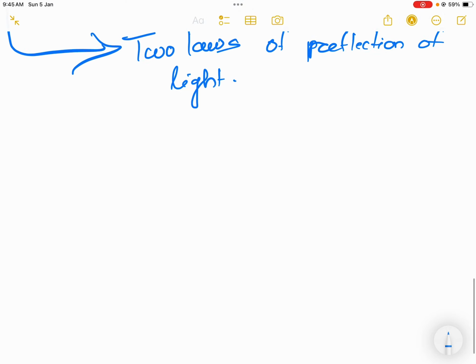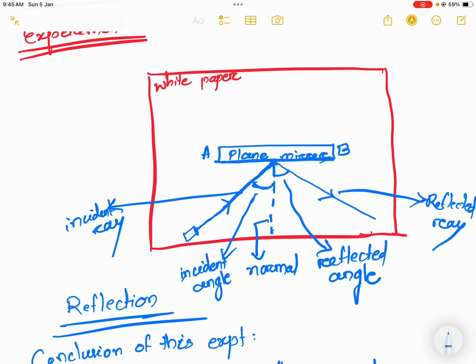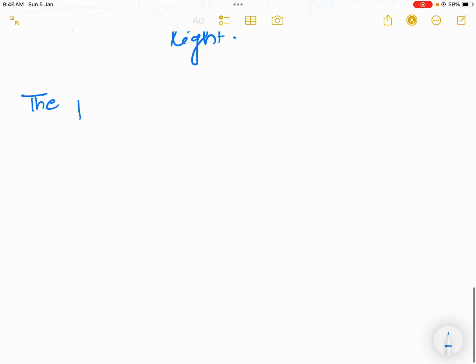Now we were learning about the reflection of light, where we were considering a plane of paper. We will now study the position of an image in a plane mirror.